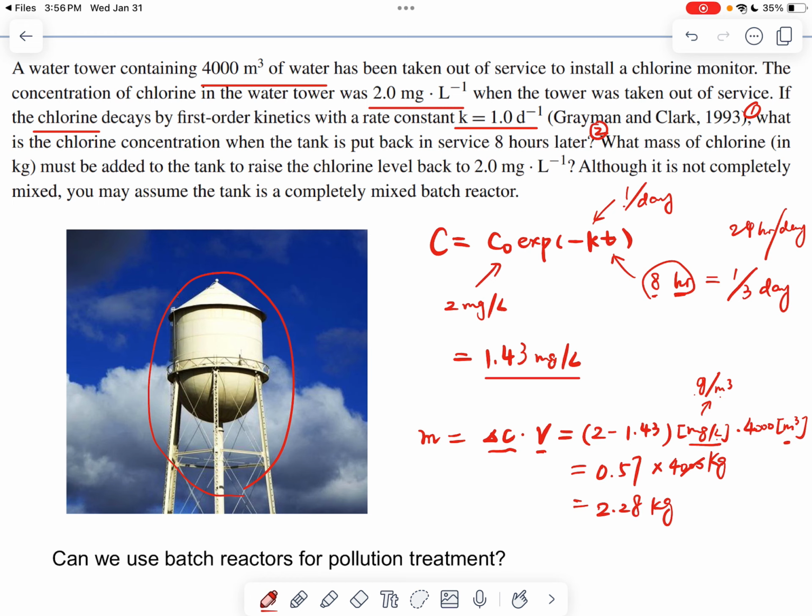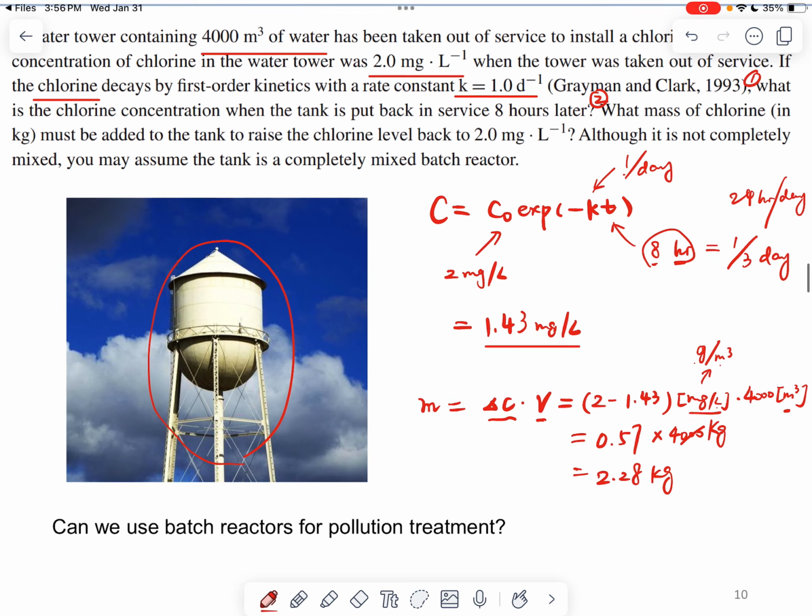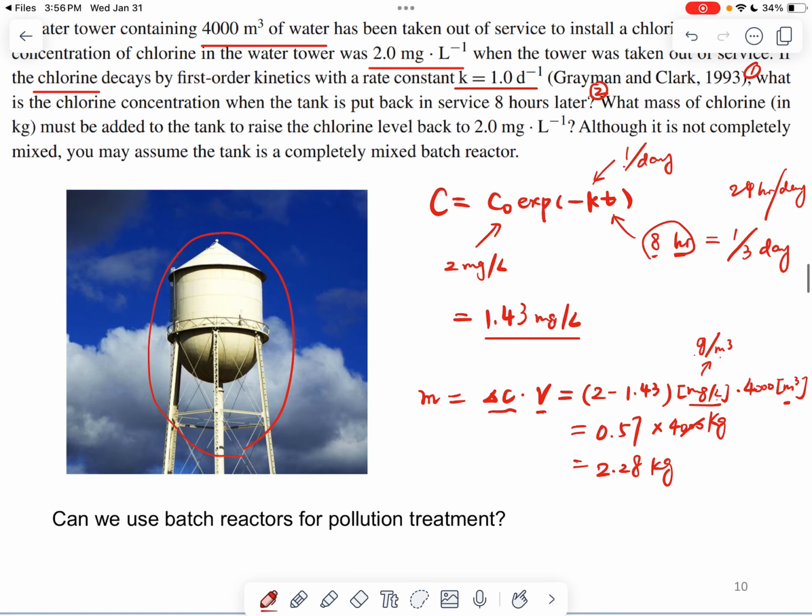Okay? So this is the final answer for this batch reactor problem. So you can see that in the batch reactor, everything happens in different batches. But if you consider the treatment of the pollution, right? So for example, if you have a wastewater, if you're managing a wastewater treatment plant, then if you consider the inflow of the wastewater, the inflow is always positive, right?